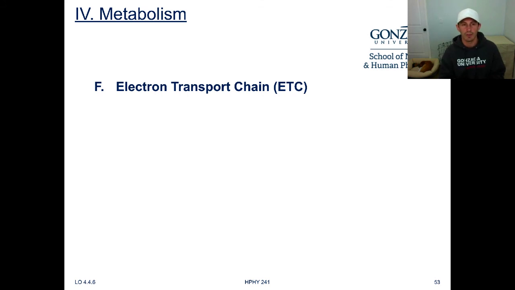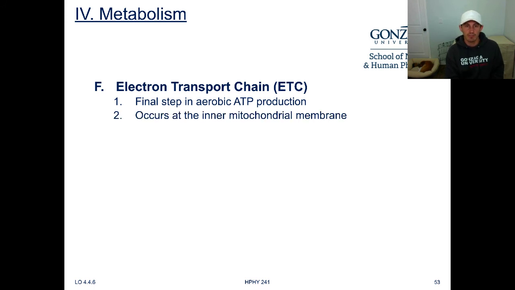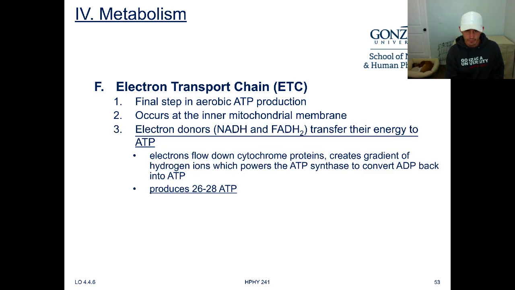So let's talk about the electron transport chain. Like I said, it's the final step in aerobic ATP production. It occurs in the inner mitochondrial membrane, and I'll show you that in a second.